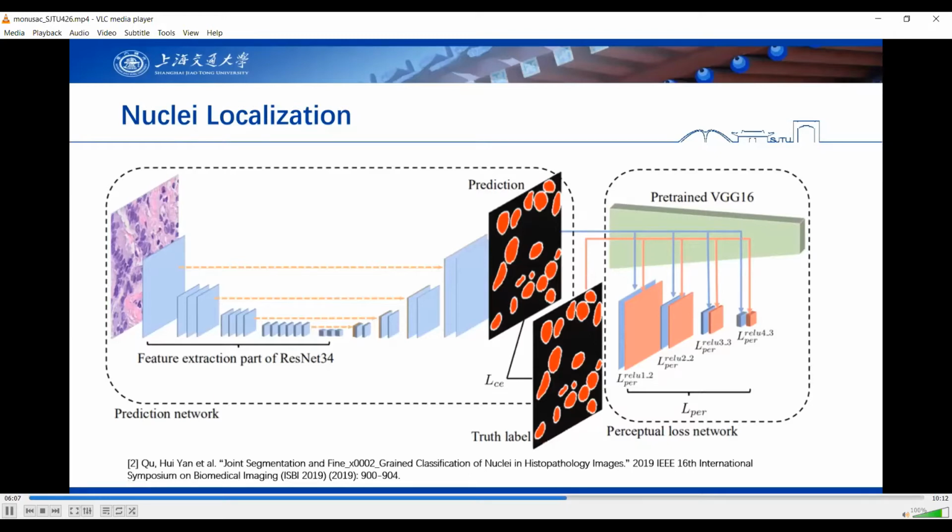We utilize the powerful representative ability of residual networks to extract features. The encoder is from ResNet 34 without the average pooling and fully connected layers, and is initialized with the pre-trained parameters from image classification tasks. There are skip connections between encoder and decoder, which helps to recover high-resolution feature maps.